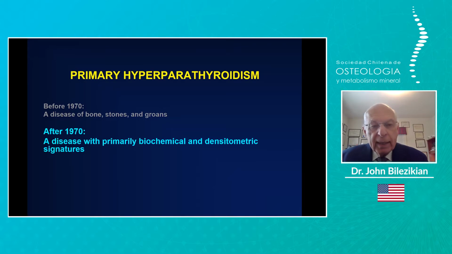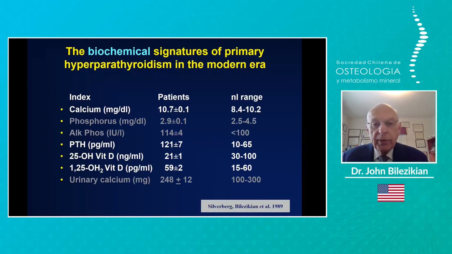Rather, we see a disorder that is usually discovered in the context of a biochemical screening test, and thus patients do not appear to have symptoms of this disease. The typical table of biochemistries is shown here from one of our studies many years ago, but we typically see a serum calcium level that is slightly above the normal range.